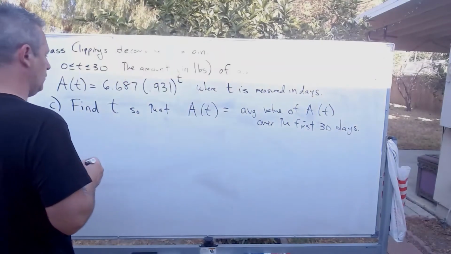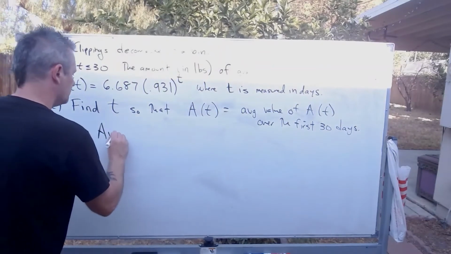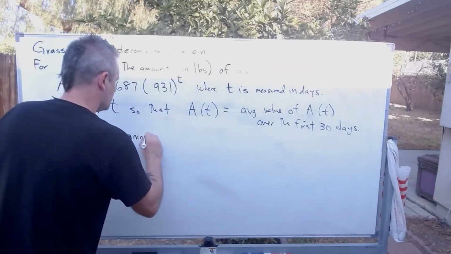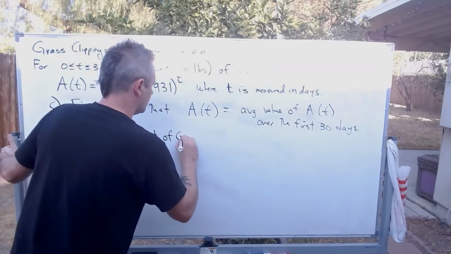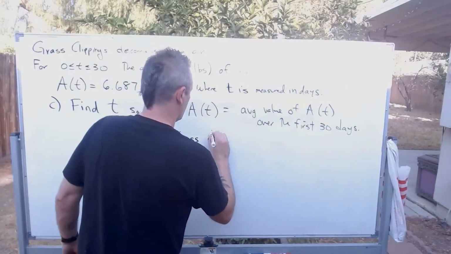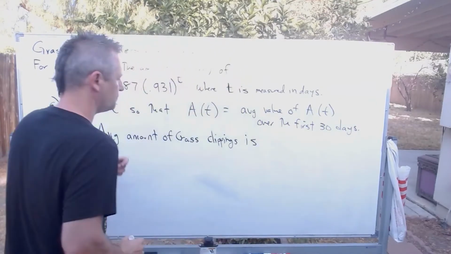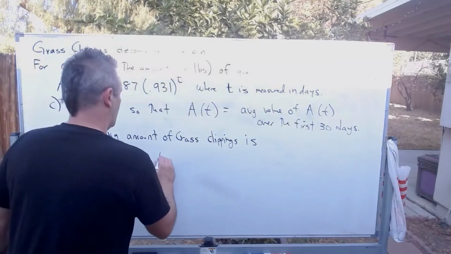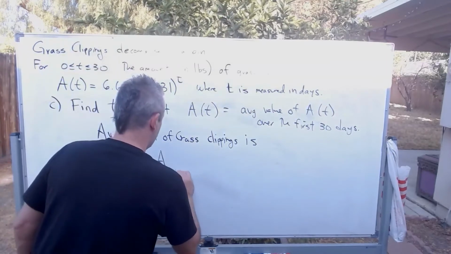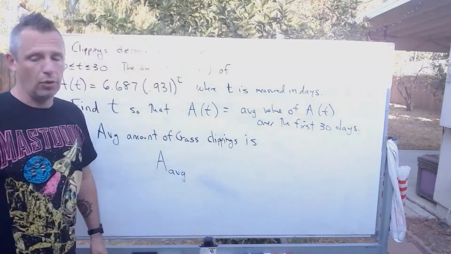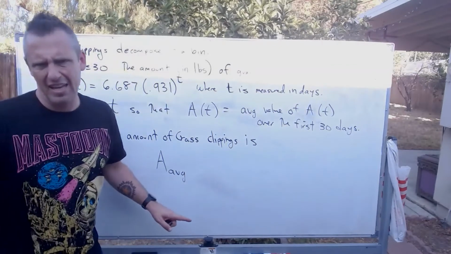The average value, the average amount of grass clippings is, I think we called it A average. It's a single number. It's a Y value or an A value in this case.